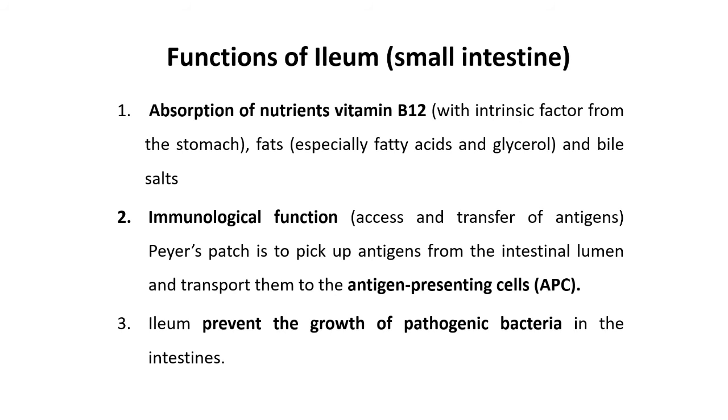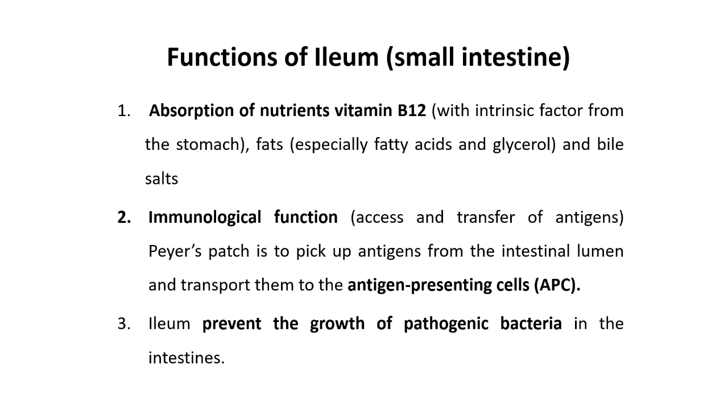So these fatty acids and glycerol are the nutrients which are present in the lumen of ileum, and they are to be absorbed into the blood via blood vessels which are present in submucosa. Along with fatty acid and glycerol, vitamin B12 is one of the most important nutrients which are present in the lumen cavity of food. So it is again absorbed by the small intestine part, that is ileum.